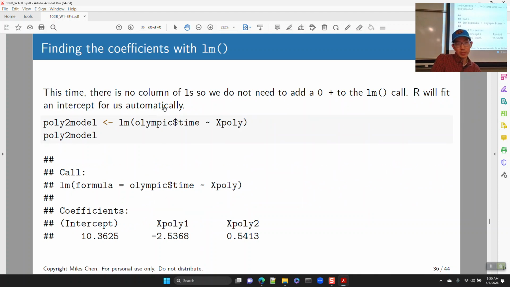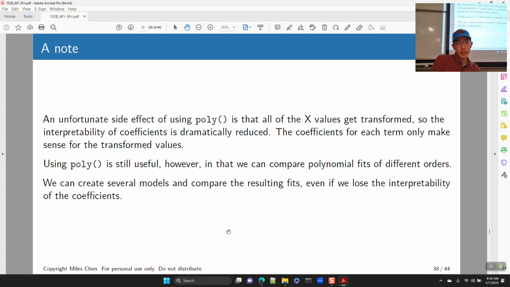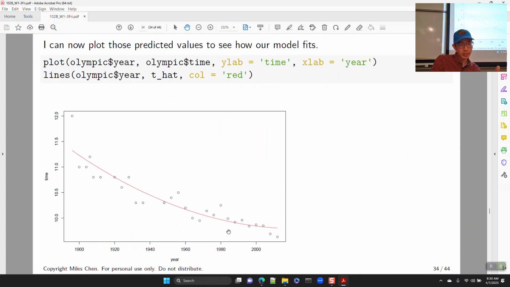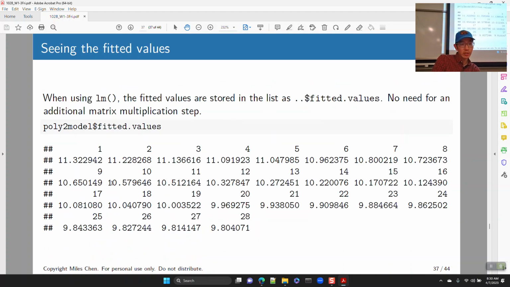But if we fit this lm model and look at it, and ask, hey, what are my fitted values? We do get fitted values. And if I plot them, they would end up looking exactly like this, okay? So if I look at these fitted values, 11.322, 11.228, 11.1366, these are the same values: 11.322, 11.228, 11.1366.